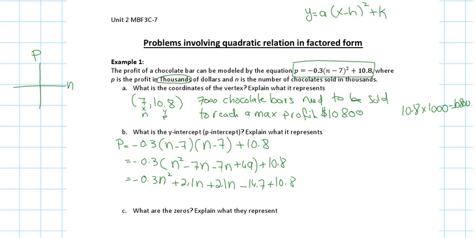I'm going to collect my like terms. My first term doesn't have any like terms, so I'm going to write it as is. In this step, I multiplied the negative 0.3 into each term inside the bracket.